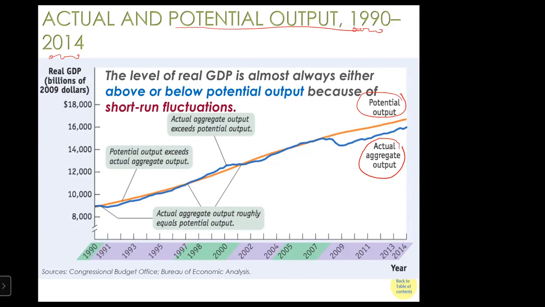If the potential is above actual, meaning we are in a recession, look here, it's 2008 and 2009. On the other hand, if you produce more than your potential, then you are in an expansion. Think about 2000, before the dot-com bubble burst. The other thing I want to emphasize is that the difference between your potential and your actual is largely explained by cyclical unemployment.